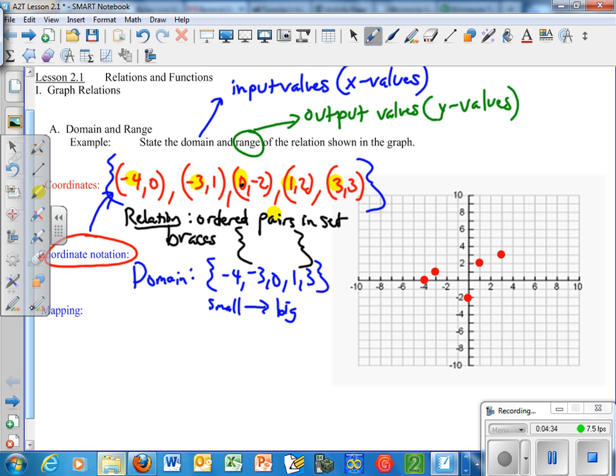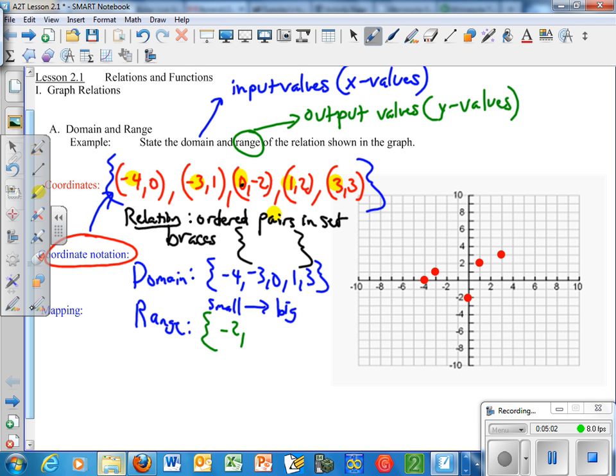Then we're going to do the range. Range, again, is the output values or the y values. So now I'm going to do the y values from small to big, just like I did with the x values. The smallest y value, and that's the second coordinate in an ordered pair, is -2. You can look from bottom to top on the graph.